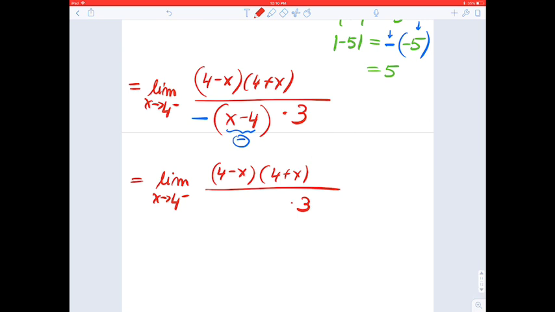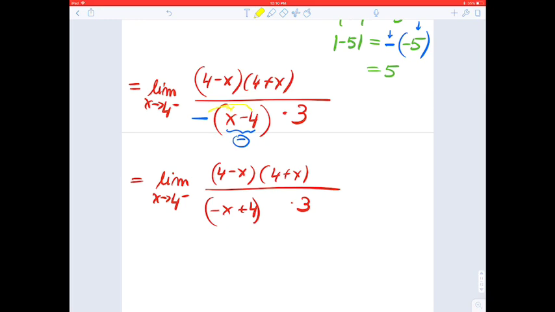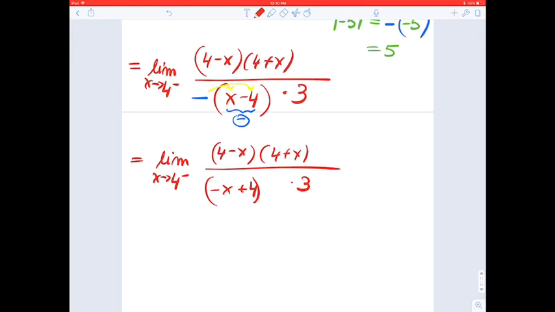I do have 3, and then I can distribute the negative over x minus 4, giving negative x plus 4. I can rewrite one more time.